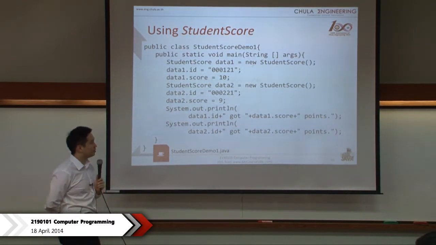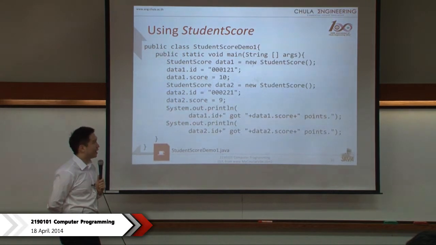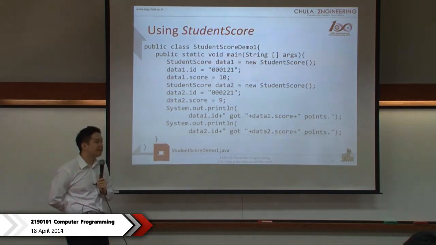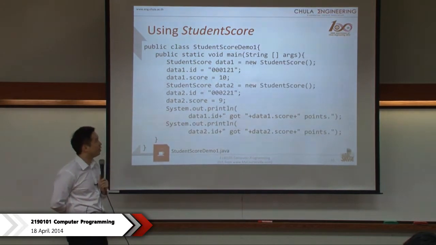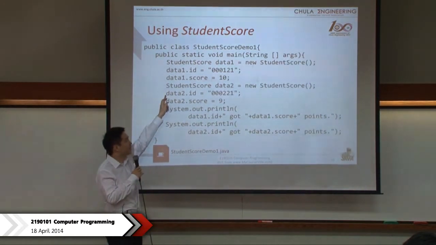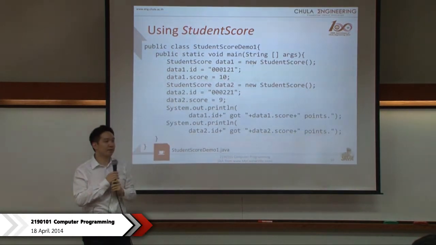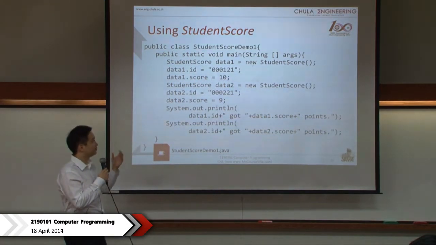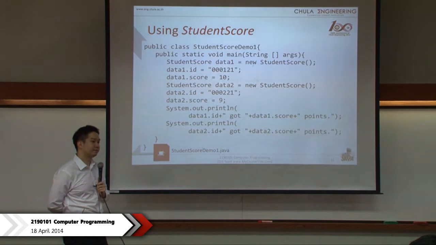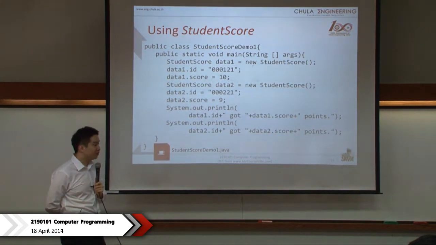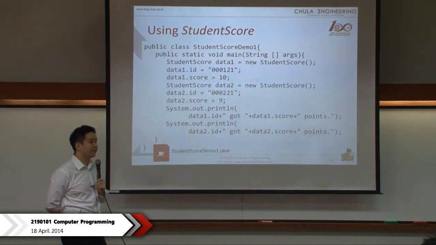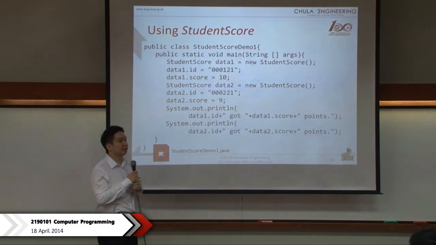Now, before I go on from this point, I'd like to ask the students here that are still alive and remaining, what is the alternative way of instantiating the student's score? The hint I would like to help you with is constructor. The keyword is constructor. And the question is, what is the alternative way of initializing each object?